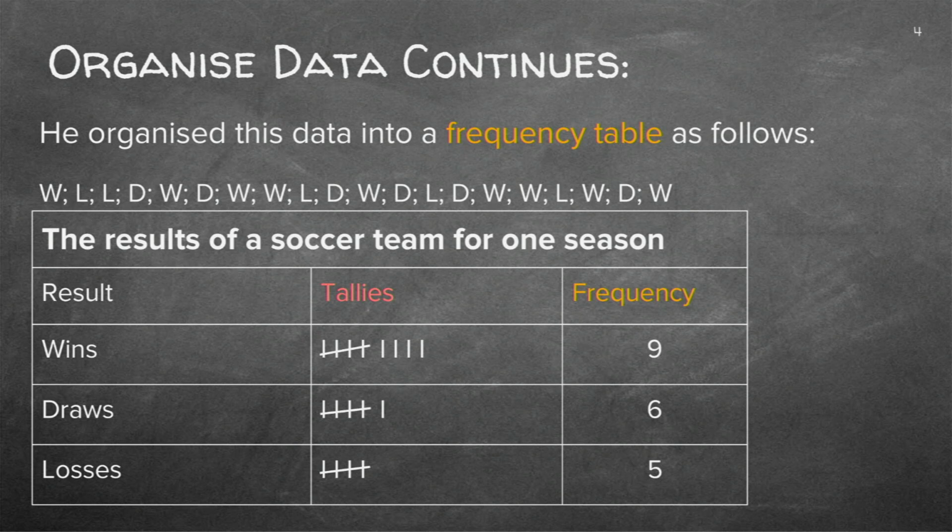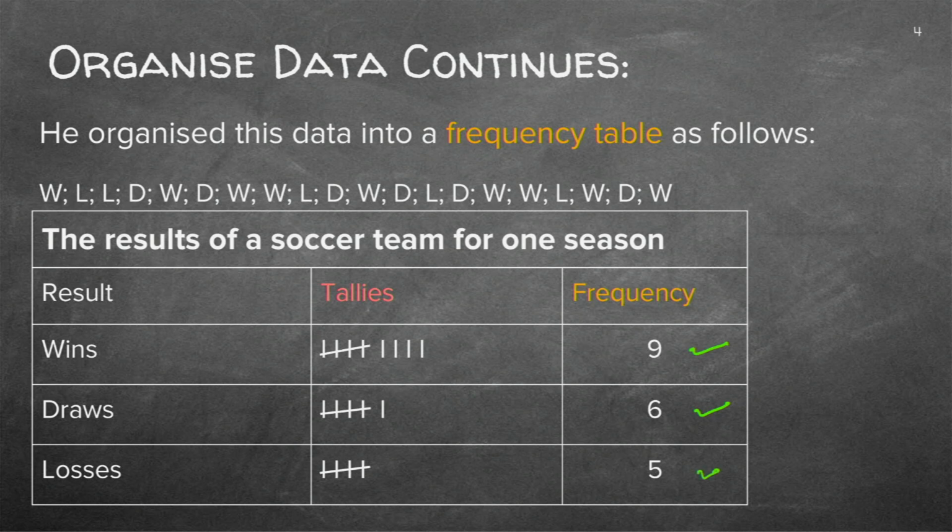It's got 9 wins, so the frequency is 9. If you want to check it, it's 1, 2, 3, 4, 5, 6, 7, 8, 9. Similarly, the draws: 6 times that they drew their match, and losses then is 5.